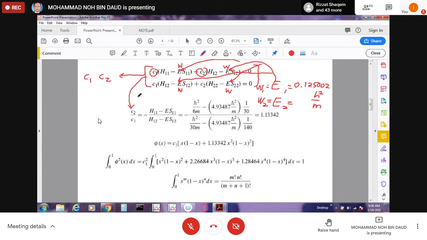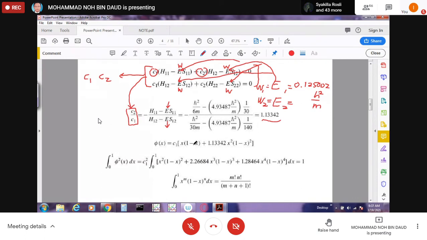The first step, we use one of this simultaneous equation, let's say the first of these two. We let this C1 over C2, so we substitute this energy. So we can write this C2 in terms of C1, or C1 in terms of C2. So this is the ratio between C1 and C2.